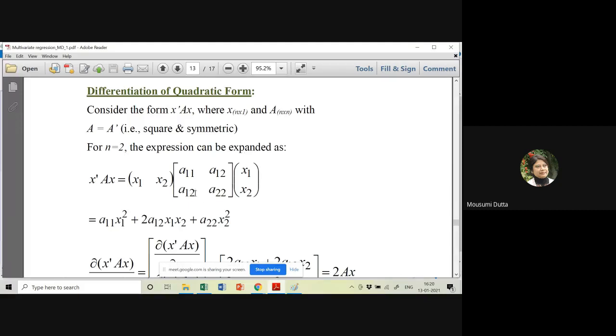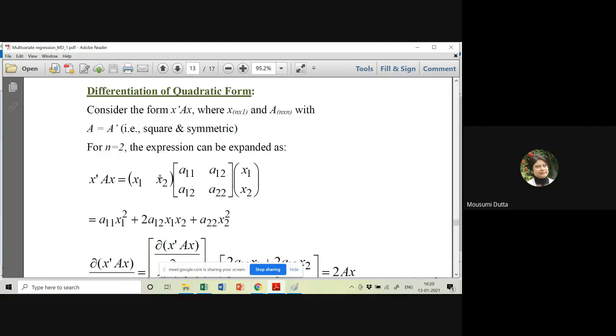We can write this a12 or a21 since it's a symmetric matrix. I'm keeping it a12. Actually, a21 is similar to that of a12, and multiplying it by x1, x2.